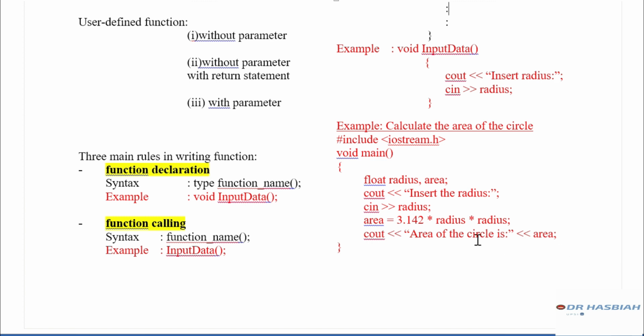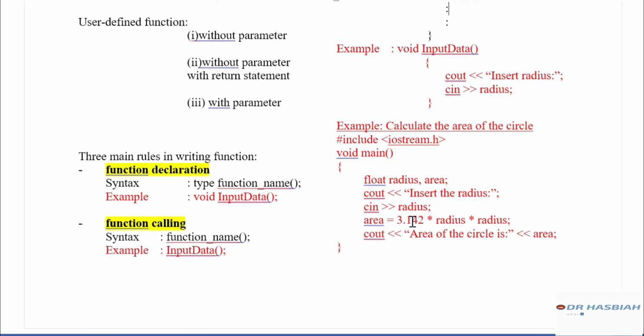By using this example, if you see, we have three main tasks that this function has to perform. The first task is input: the function has to input, insert radius here, cin radius.